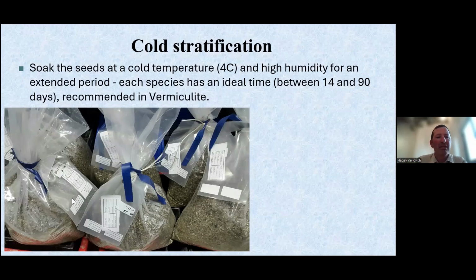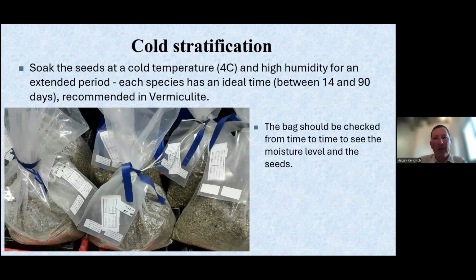We put the seed in some media, for example, vermiculite. It can be perlite. It can be sand, and we just put it in wet vermiculite. Put it in a bag. Put some holes in the bag so it will not be too wet, and the water can go down. And we add moisture once a week.